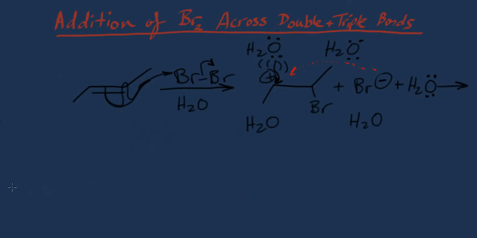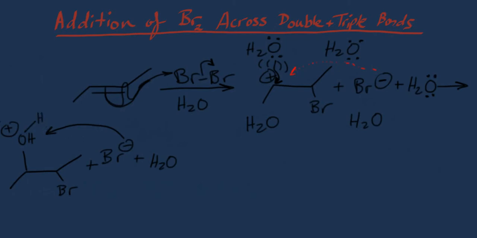So, what would we have? We have our bromine attached, and now we have OH2 plus, and we still have a Br minus, and then you have some water still somewhere. So one of the bromides is going to come over. It's going to steal a hydrogen, and I should draw this better so that it's a little bit more clear.